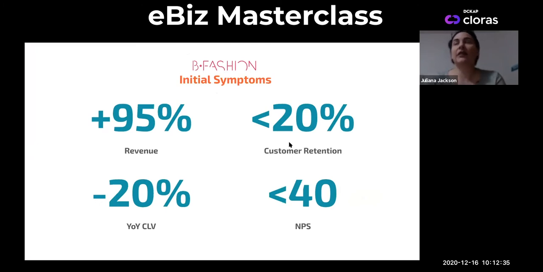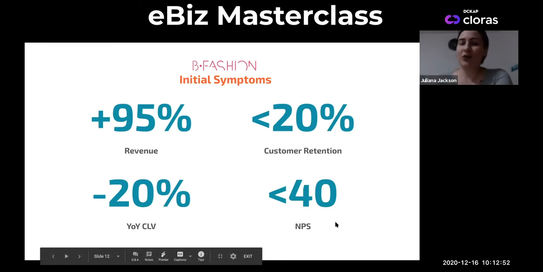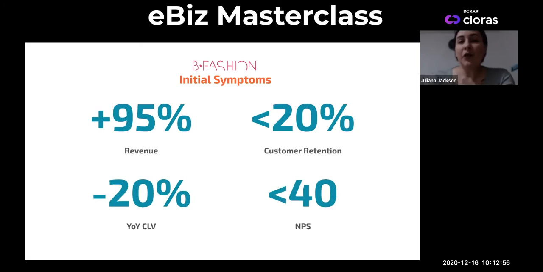A decent and normal customer retention rate in the fashion industry is somewhere around 50 to 70% if you're doing it right. These people, while having revenue, still didn't have good retention, and their NPS score, which I will talk about in this webinar, was very small.